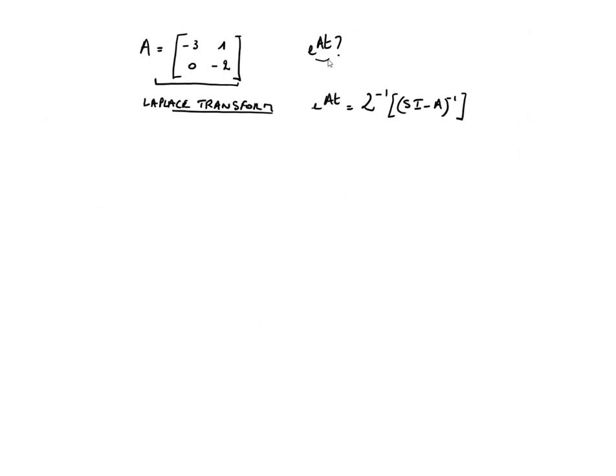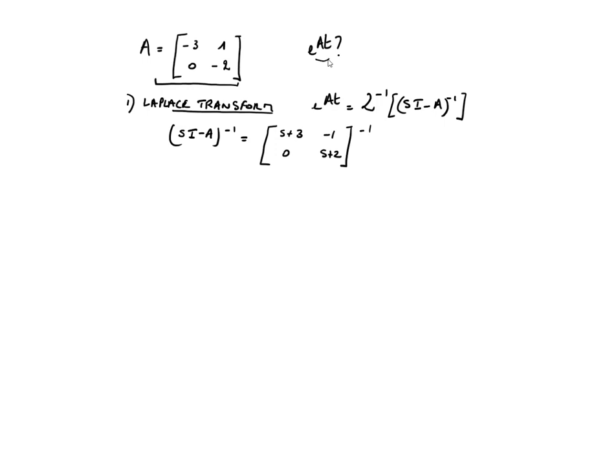The first method, if you remember, is the Laplace transform method, and the exponential of At can be computed as the inverse Laplace transform of (sI minus A) inverse. So obviously we have to be able to compute (sI minus A) inverse. That's the inverse of the matrix s plus 3, minus 1, 0, s plus 2.